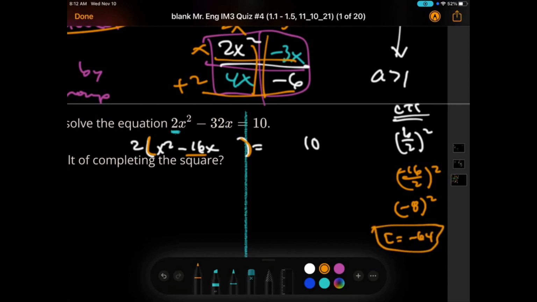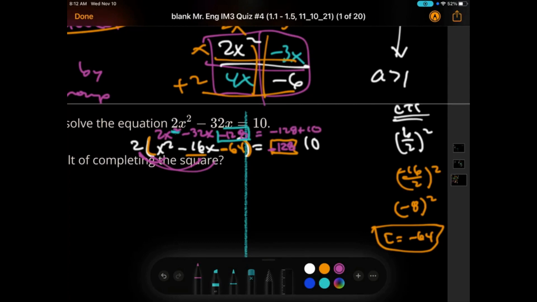Now, I need 64, but what value do I put over here? Well, remember, you can distribute, and you'll get 2x squared minus 32x minus 128. So in order to have negative 128 on that side, you're going to have negative 128 on that side. Hopefully that makes sense. You write this on the side, negative 128 plus 10, right?